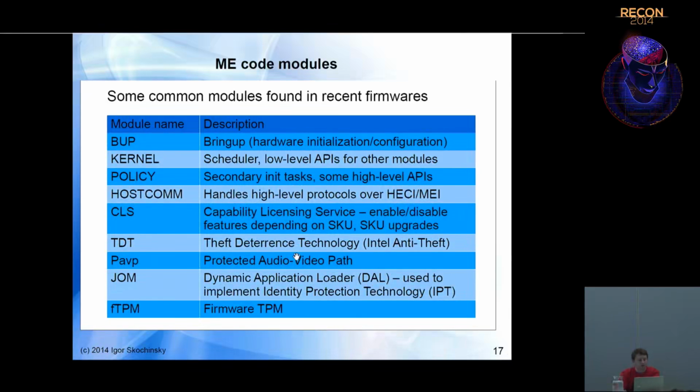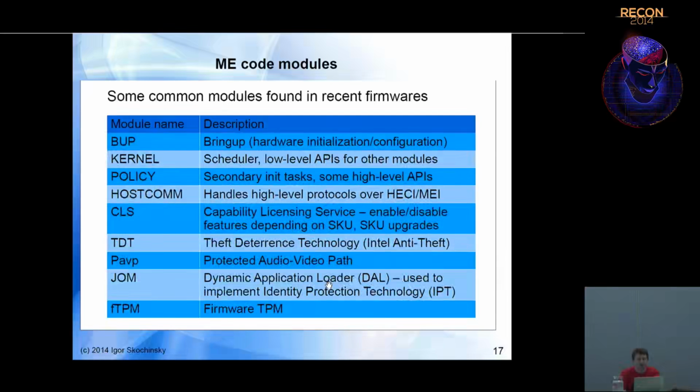So yeah. TDT apparently means theft deterrence technology, so the internal name for Intel anti-theft. Protected audio-video path, which is used for the secure PN entries that I mentioned, and possibly for some other applications. JOM, I don't know what it stands for. I think maybe Java Object Model or something.